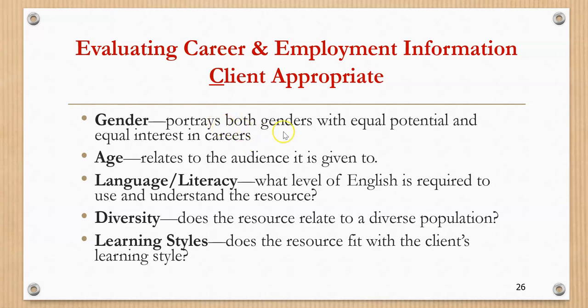Is it gender neutral and does not show all occupations that are outdoors working with equipment as being affiliated with one type of gender, and other types of occupations like nursing as being affiliated with another type of gender. So in a way, we want to modify this to say that it is portraying all genders with equal potential and equal interest in careers.